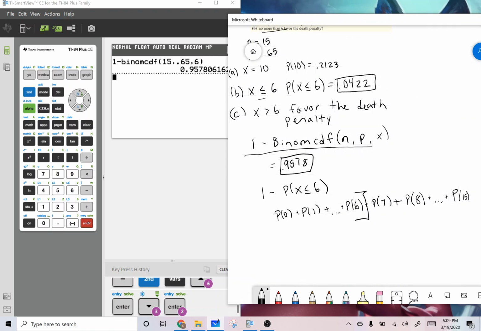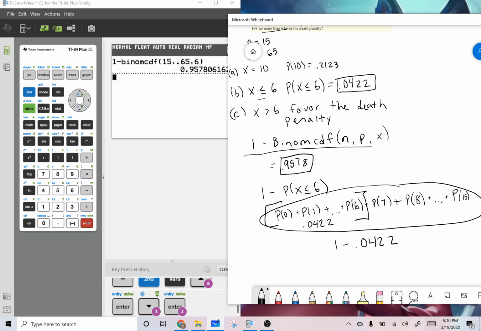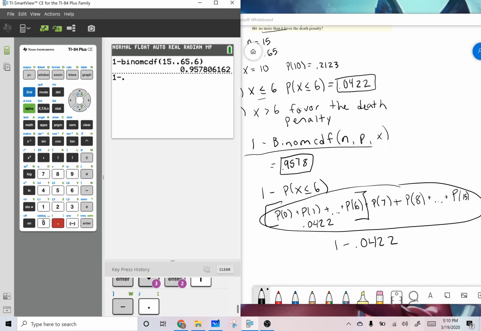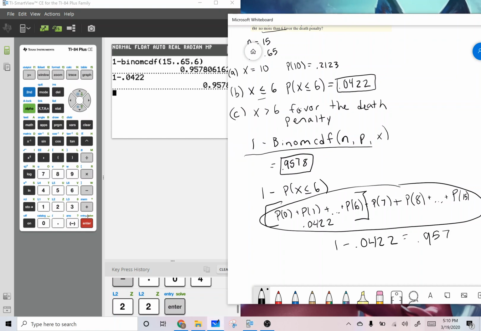Well, we calculated the probability of the first group, and this was equal to 0.0422. The whole thing should add up to 1, right? 100%, because anywhere between 0 and 15 people are going to say that they favor the death penalty in any given sample, and each one has its own probability. So if I do 1 minus 0.0422, I get 95.78%, which is exactly what we got up above.